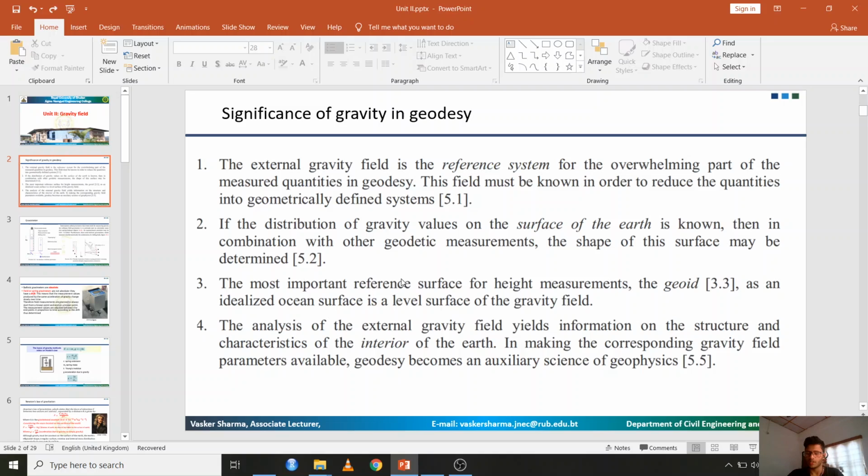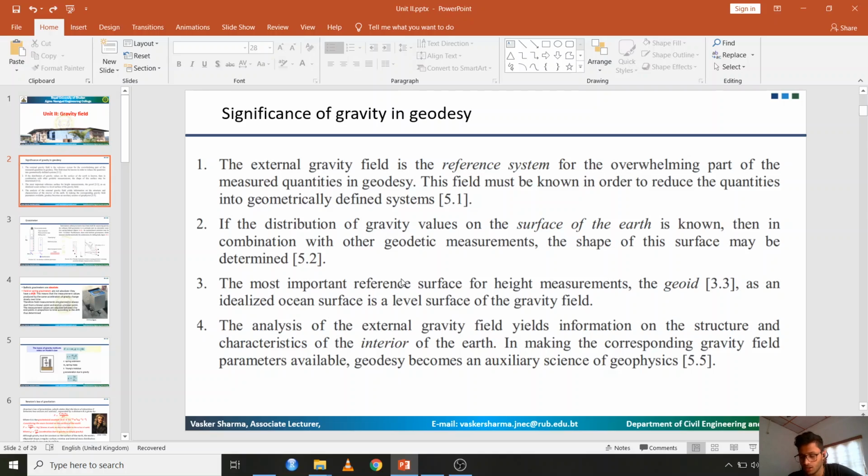First, the gravity field is used to determine the reference system for measuring quantities like the coordinates, that means latitude and longitude, and also the heights, that means the elevations on the surface of the earth.